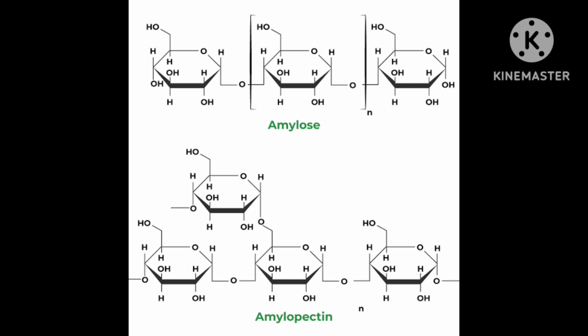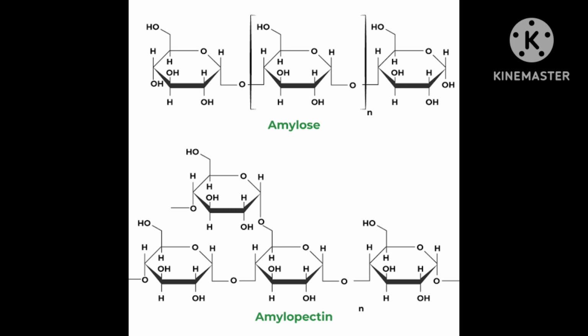Okay. Now come to amylopectin. Amylopectin is insoluble in water. See the differences. Amylose is water soluble, but amylopectin is insoluble in water and constitutes about 80 to 85% of starch, more than amylose.